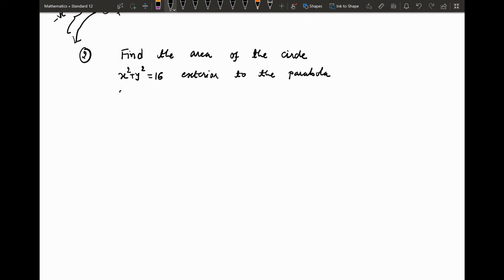So find the area inside the circle and exterior to the parabola y square equal to 16x.